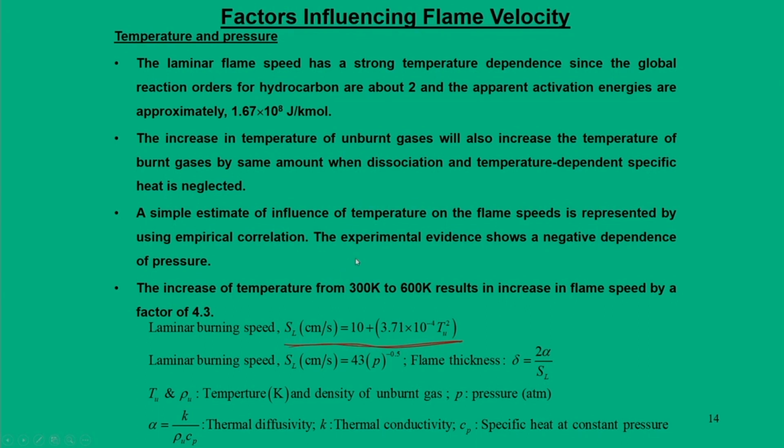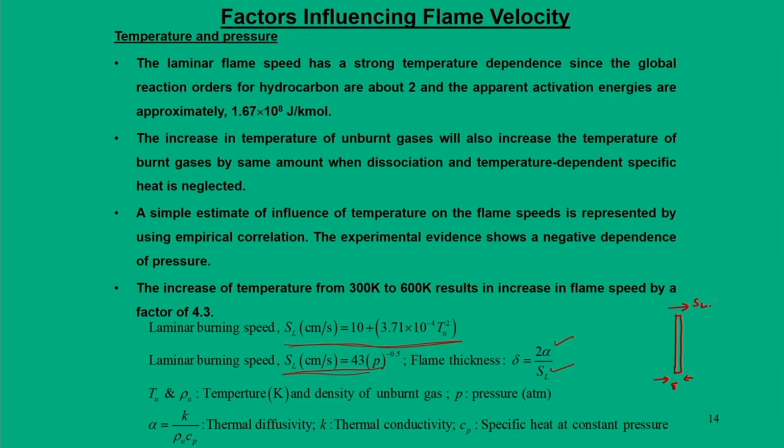Another dependence is pressure. We can say that laminar speed is inversely related to pressure, and also the flame thickness is related to thermal diffusivity and the flame speed. So, basically if you look at a flame, it has a certain thickness delta, and it has a characteristic speed SL.